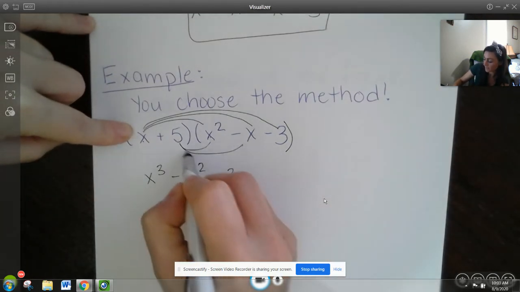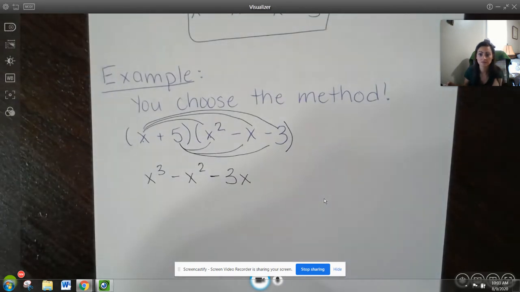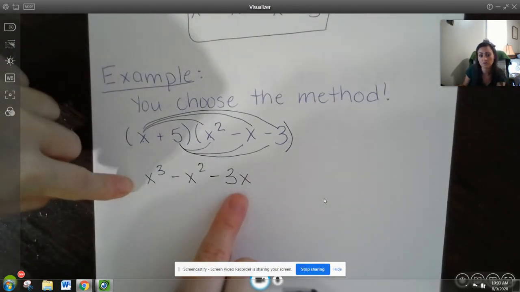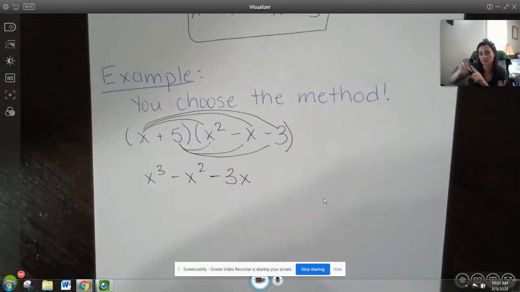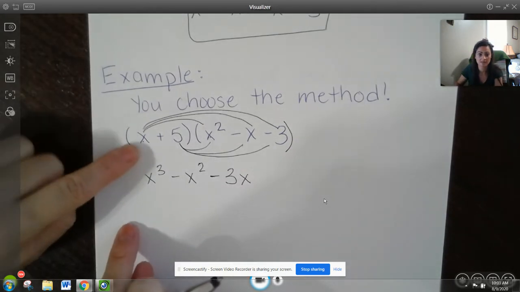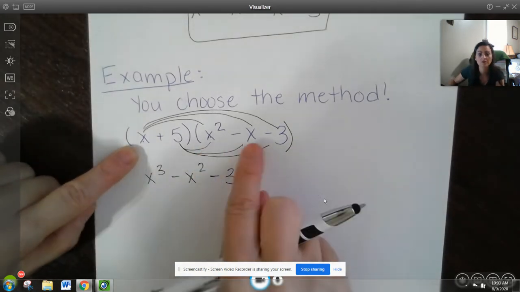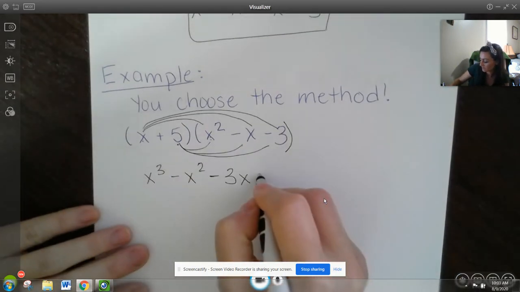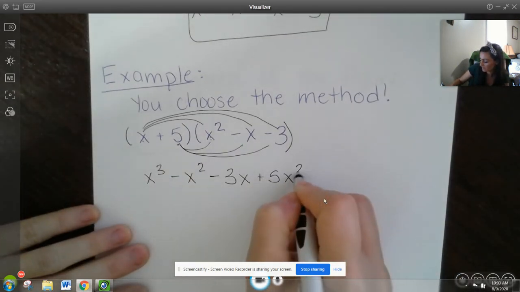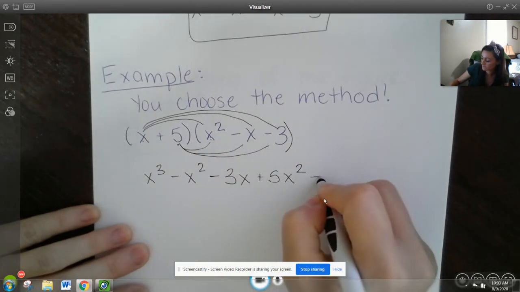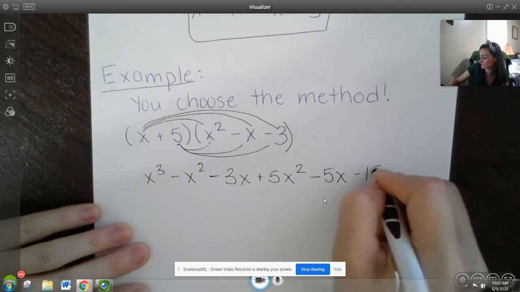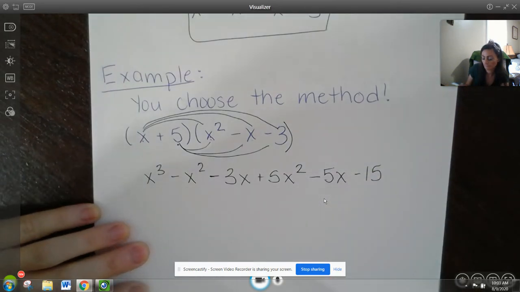And if you did the box method when you paused the video to try this, you should still see these terms show up in your box with the corresponding pieces that have a side length of x and a side length of x squared, or negative x, or negative 3. So 5 times x squared gives me 5x squared. 5 times negative x gives me negative 5x, and 5 times negative 3 gives me negative 15.